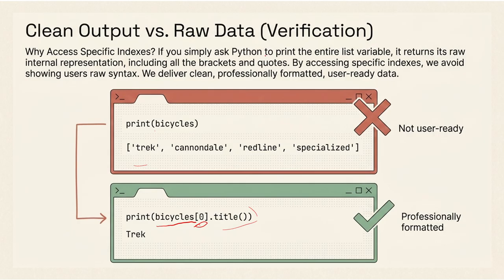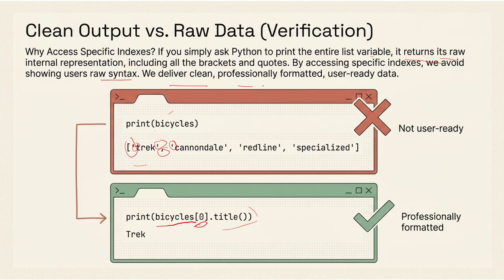So what they have mentioned over here, why access specific indexes. If you simply ask Python to print the entire list variable, it returns its raw internal representation, including all the brackets, commas, quotes, everything. By accessing specific indexes, we avoid showing users raw syntax.